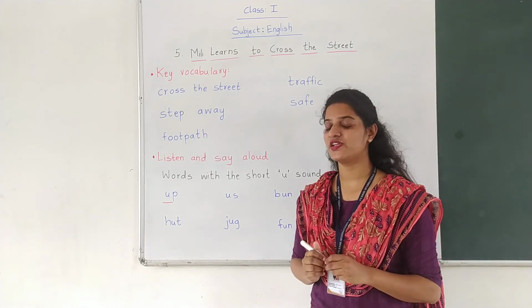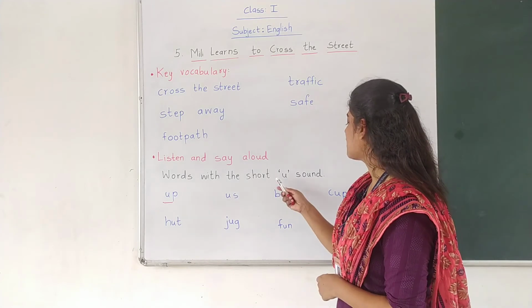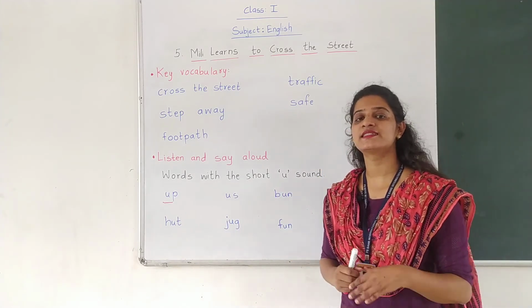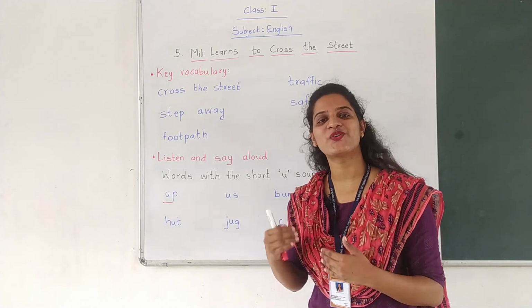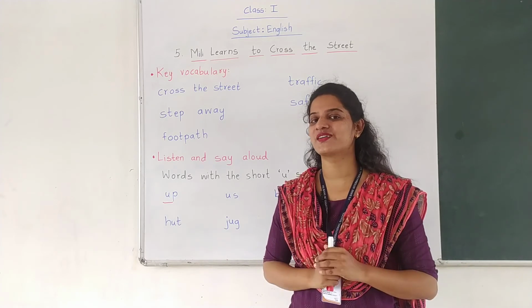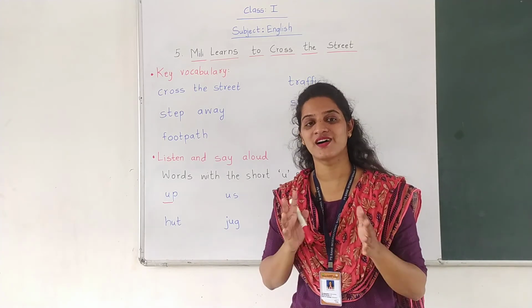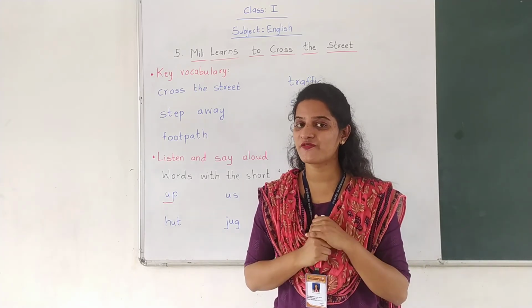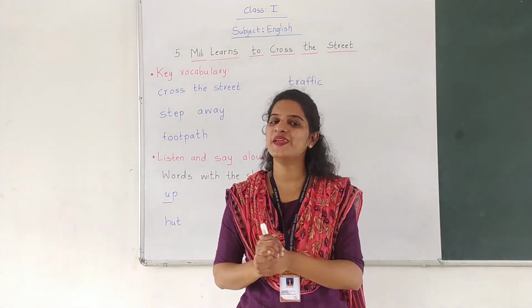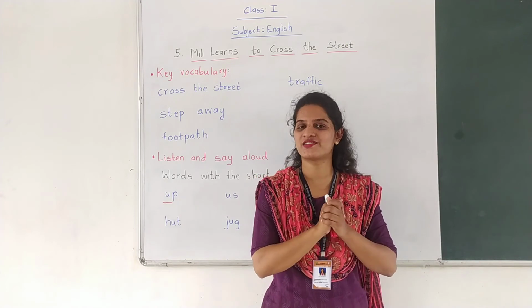Now, my dear children, here the sound of U in all these words is same. And what is the short U sound? The short U sound is a. Okay. Now, what you have to do? You have to read the story Mili learns to cross the street.